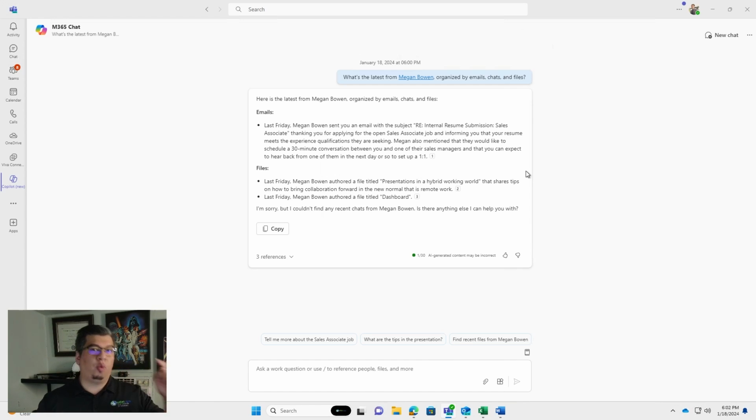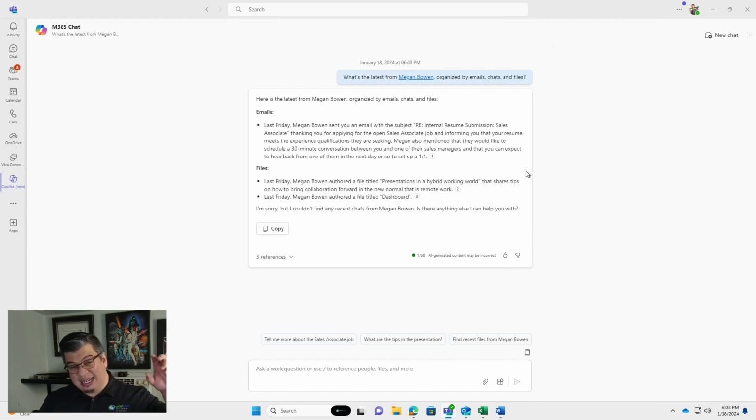And so you're going to want to make sure that your permissions structure in Microsoft 365, that your security is locked down well, so that you're not dealing with security breaches within your own organization, not because of anything malicious that the end user was doing, but simply because Copilot was trying to be helpful and grab them information that it thought would be helpful to the user. And now the user is like, oh, Copilot thought this was handy for me. And then they take a look at that sensitive information.